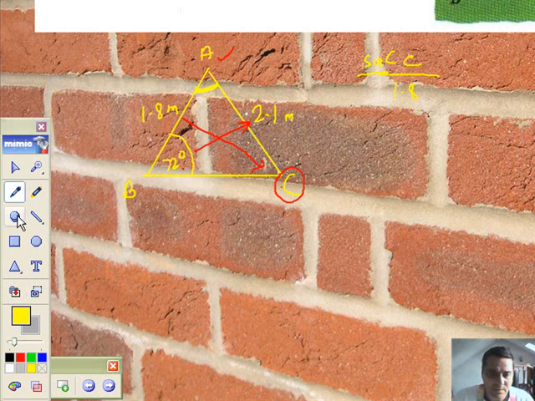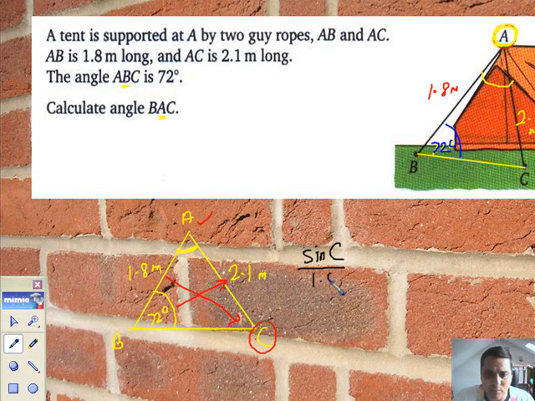So the sine of angle C divided by the length of 1.8 meters is exactly the same as the sine of angle 72 degrees divided by its length 2.1 meters. Sine C over 1.8, they go together, and sine 72 over 2.1, they go together.